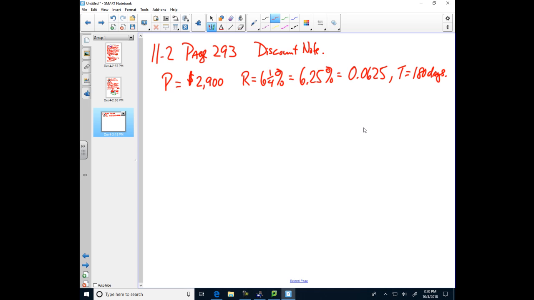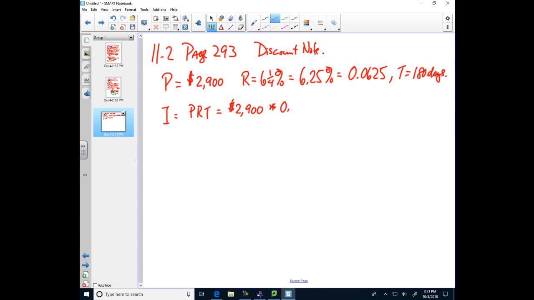So first thing we're going to do here is figure out what the interest would be under these conditions. Let me write down the formula. Interest is principal times the rate times the time. The principal is 2,900.